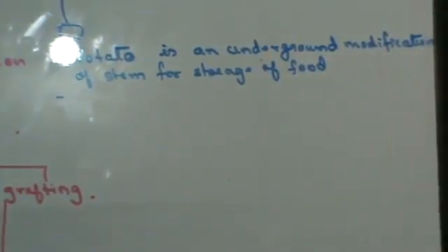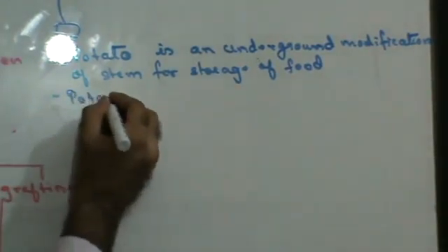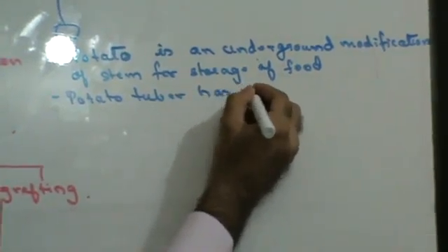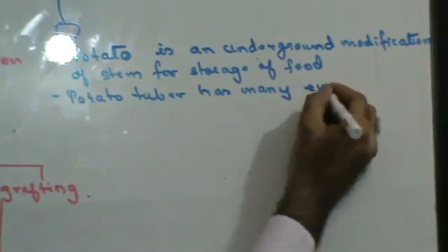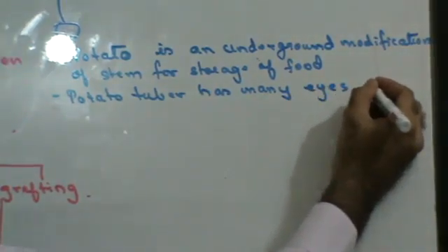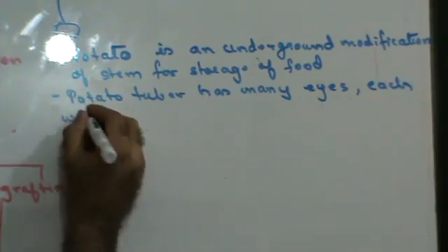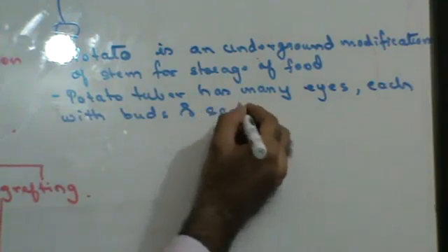In this case, the potato tuber, that's the old tuber, has many eyes, each with buds and scaly leaf.